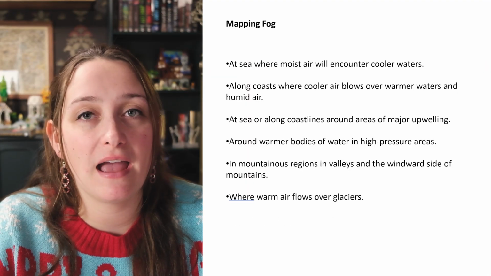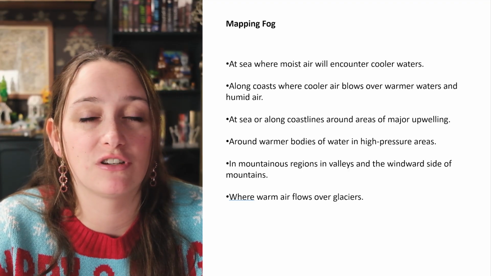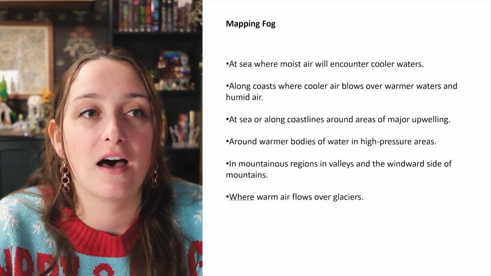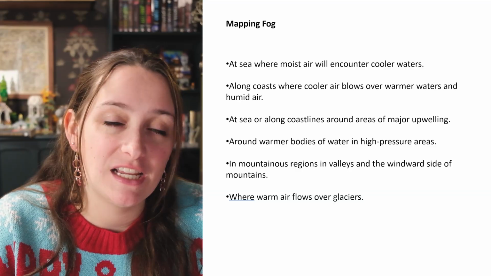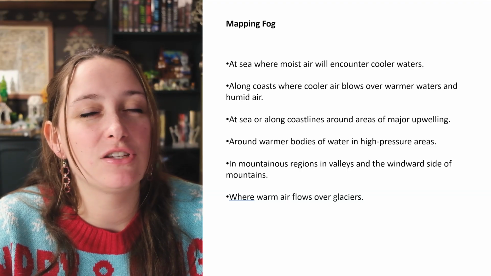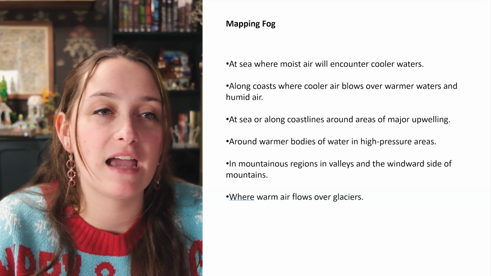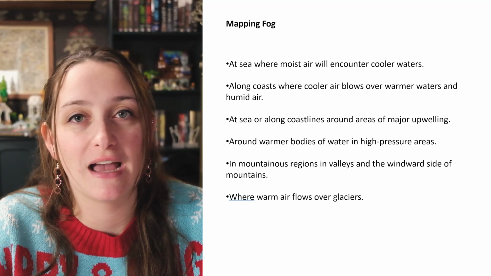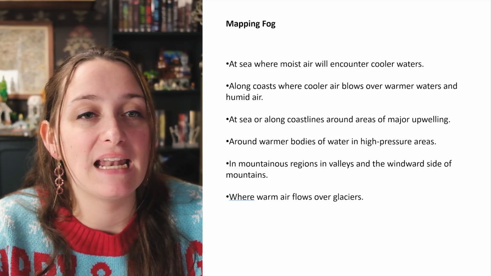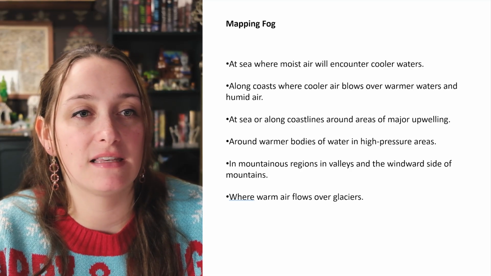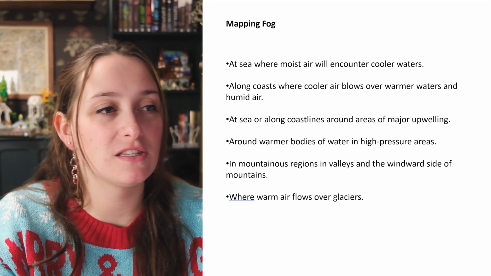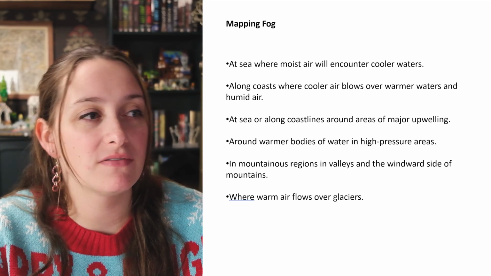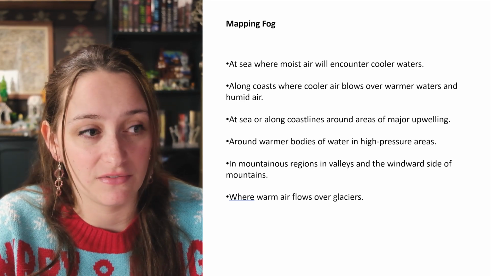So because our air circulation and ocean circulation and other factors are seasonal, it is best to mark both. I like to do this on the same map, so I'll have a high chance of fog in summer and winter as different colors in the key. And now we're going to mark these areas based off these sort of factors that you see here. All of these are going to cause a chance of fog.